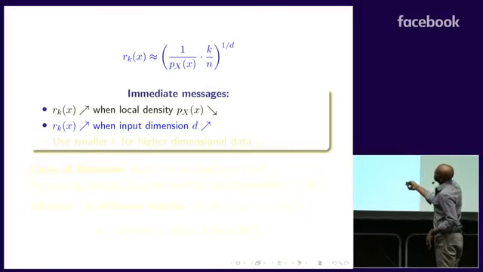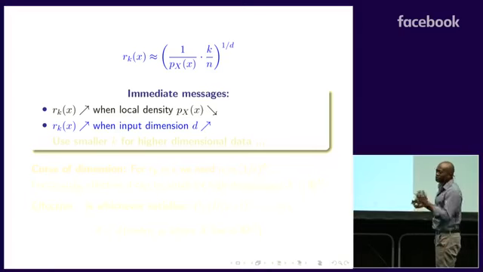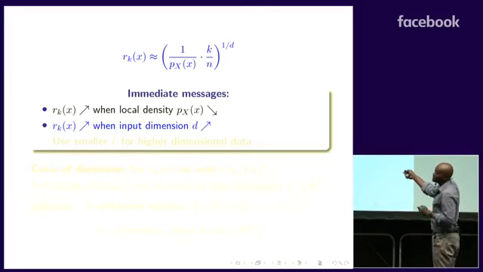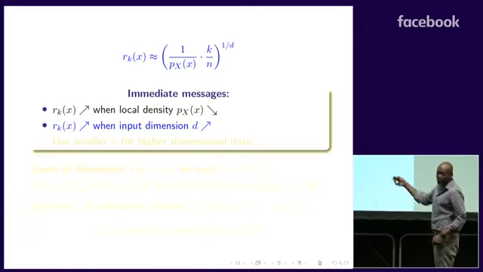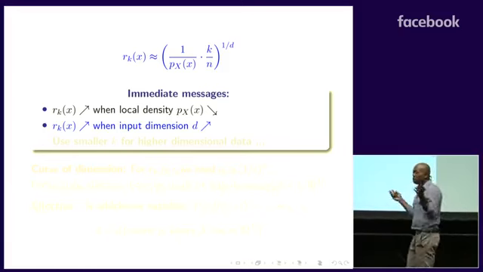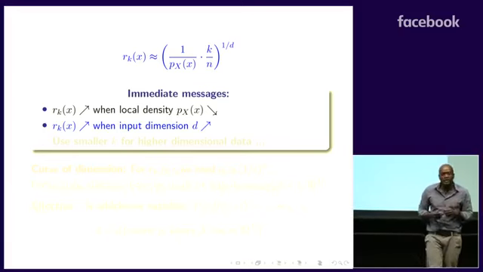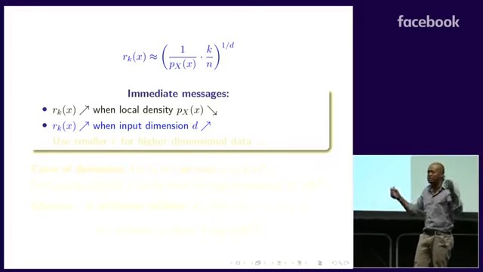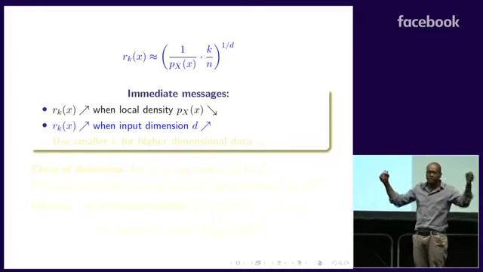A less intuitive message is the following. Suppose that this quantity, k over n over px, is less than 1. This quantity will eventually be less than 1 if the sample size is large enough. Then you can see that as the dimension of the space increases, Rk of x has to go up. That also goes back to something people tend to say, that in very high dimensional spaces, points are very far from each other.